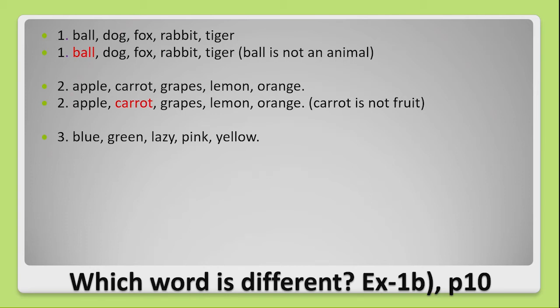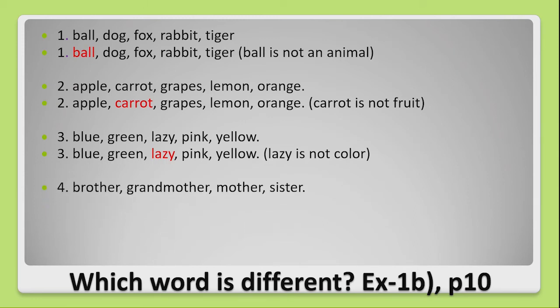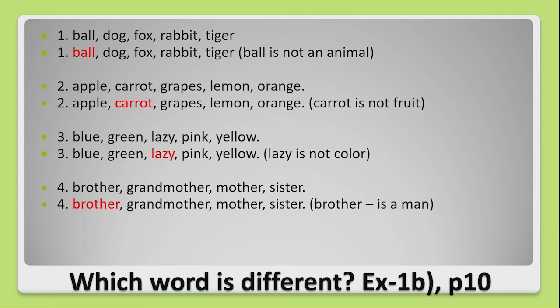Blue, green, lazy, pink, yellow. Lazy is different. It's not color. Number 4. Which word is different? Brother is different. Brother is a man. Number 5. Which word is different?